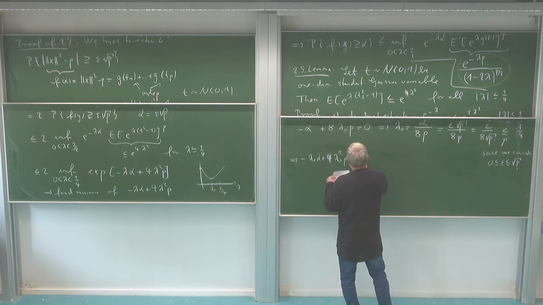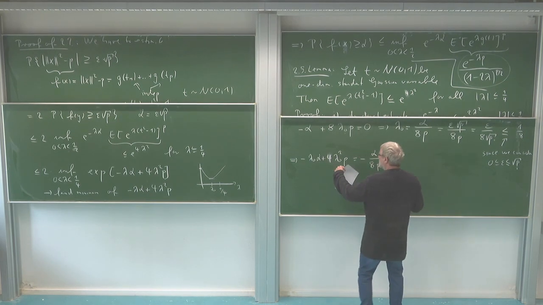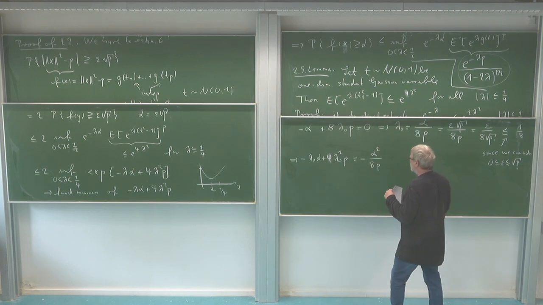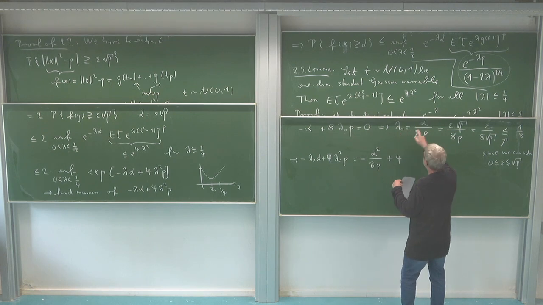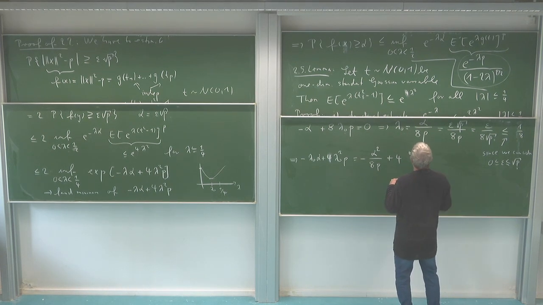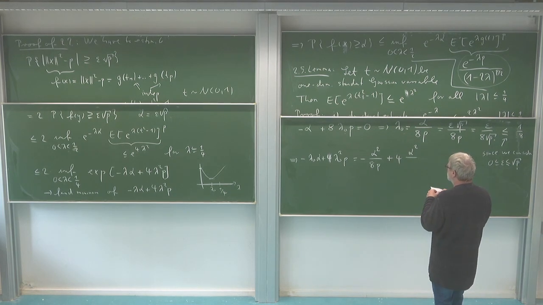So it's minus lambda 0, which is alpha divided by 8p, times alpha, so I get an alpha squared, plus 4 times lambda 0 squared, so this is alpha squared, but now I get 8 squared here.